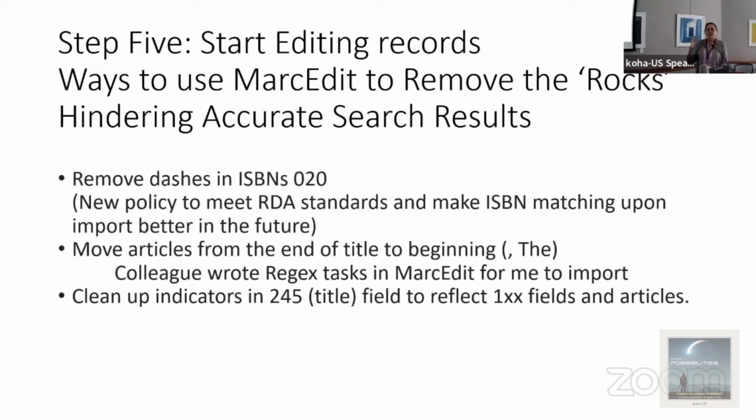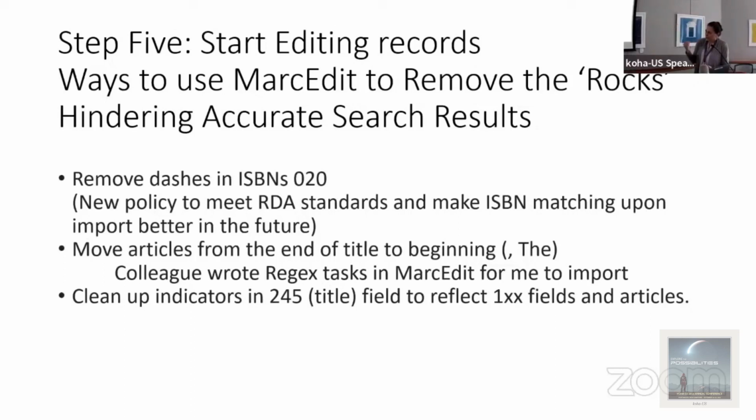I even had some where the call number was in the ISBN. The ISBN held things like notes or call numbers, and I don't know how this got there. To me, it was more like someone ran some kind of code and something got off on this record and it just ended up there. So now all of that's cleaned up.